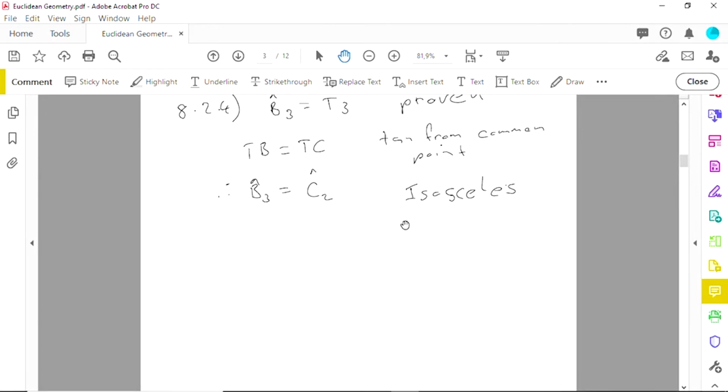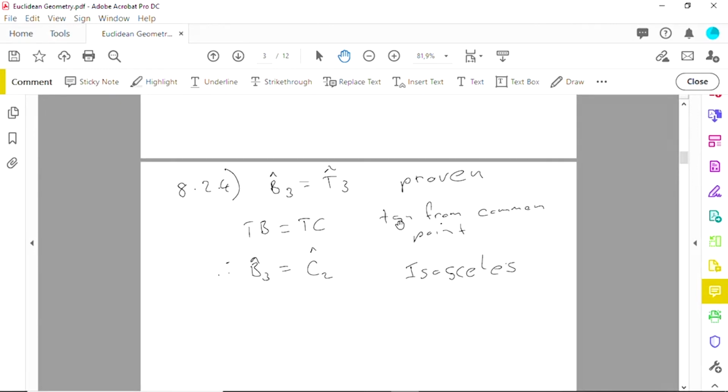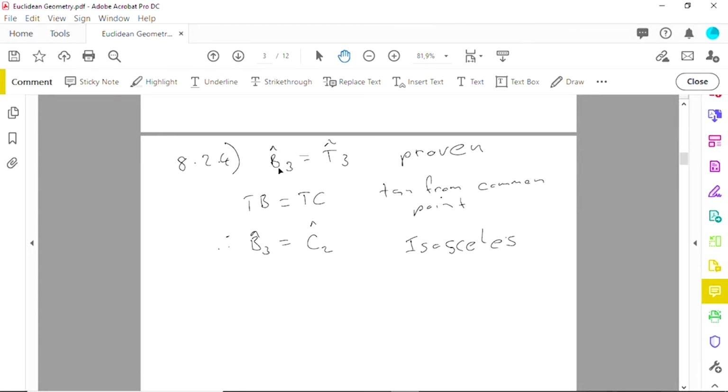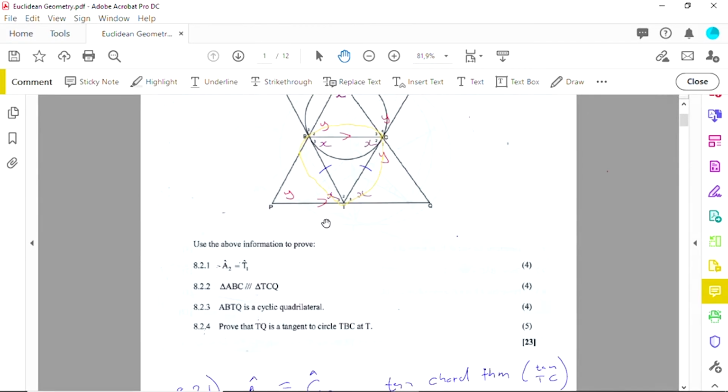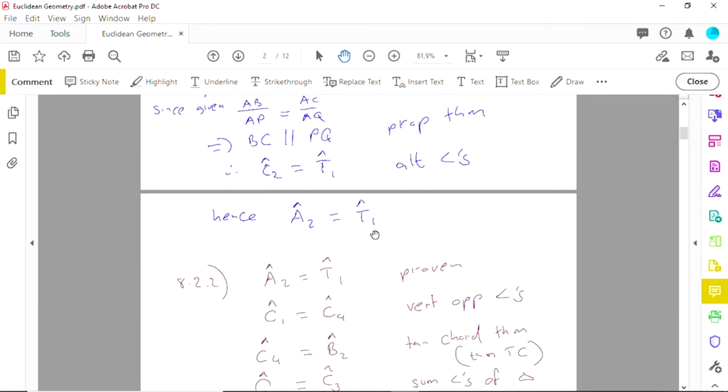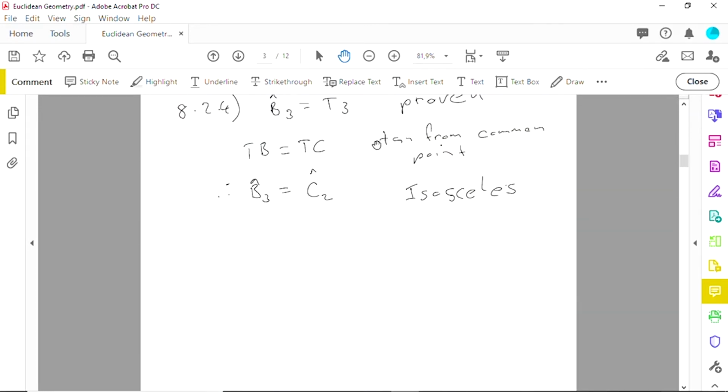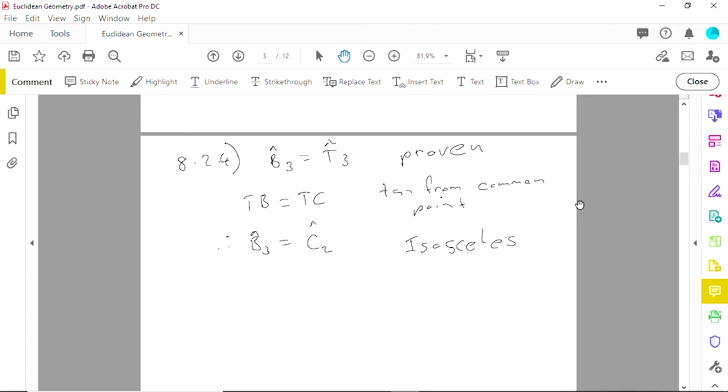It's an isosceles triangle. And if B3 is equal to C3 and B3 is equal to C2, therefore C3 is equal to C2. We just wrote it down, but we have not shown the reasoning to the exam. Therefore, C3 is equal to C2.